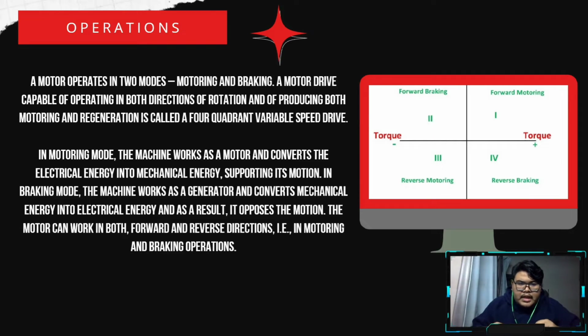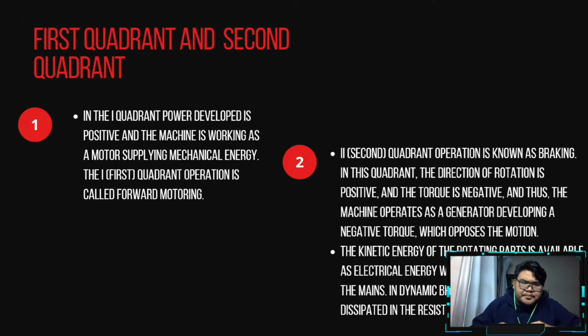In motoring mode, the machine works as a motor and converts electrical energy into mechanical energy. In braking mode, the machine works as a generator and converts mechanical energy into electrical energy. The motor can work in both forward and reverse directions.